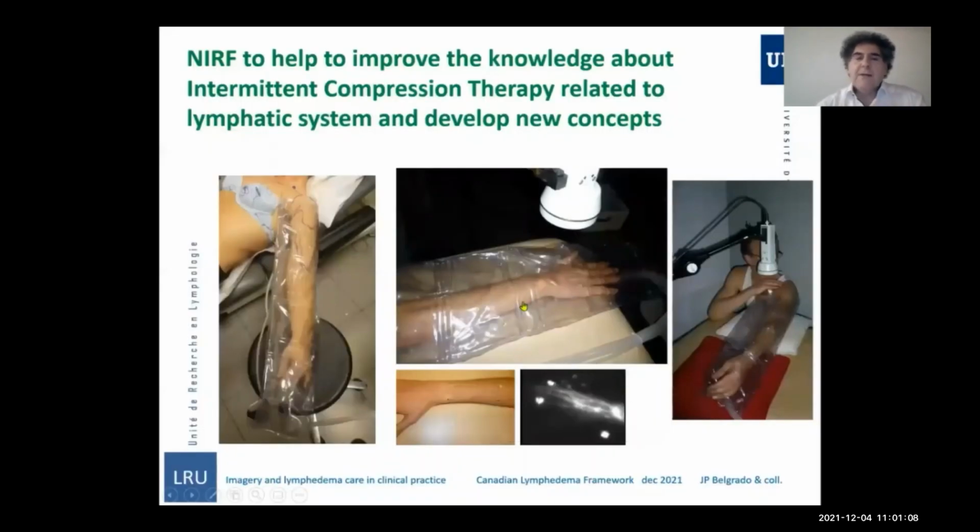Here I can give you the information that the pressure of the intermittent compressor is at 30, 60, and 90 millimeters of mercury, as we did, and that does not prevent the lymph from advancing in the collectors. On the other hand, it doesn't help the fluid transfer from the extracellular matrix toward the lymphatic collectors. We already know this from other studies done with lymphoscintigraphy, and here we have confirmation with lymphofluoroscopy.